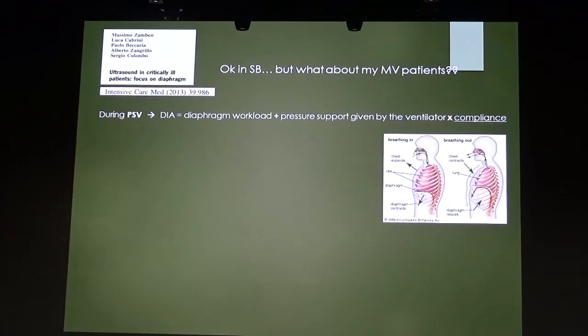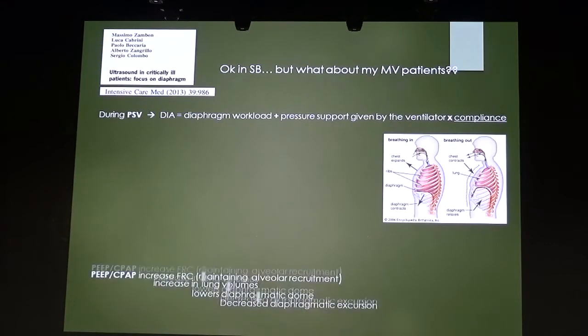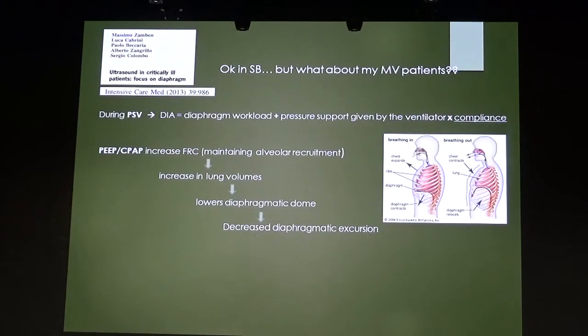And this also depends, for example, on the compliance of the lung. And if we, for example, give a high PEEP with increased lung volumes, it will lower the diaphragmatic dome, and we will have a reduced diaphragmatic excursion, not because of a reduced function, but because the diaphragm will start from a lower position.